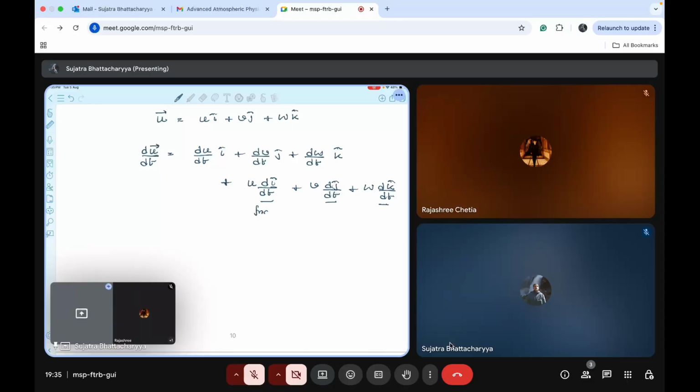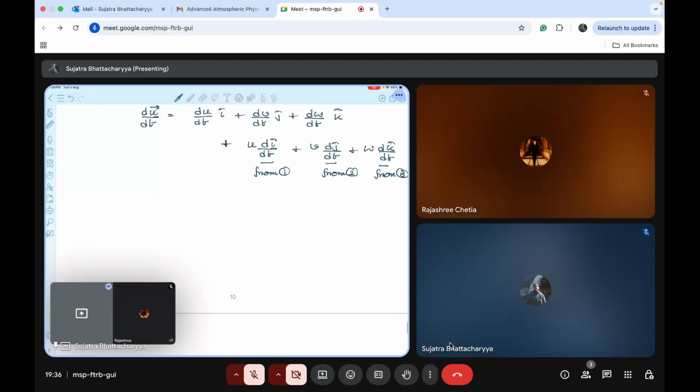So from 1, this is from 2, this is from 3. All right. So if we do that, let's write that. Okay. So Du dt vector will be equal to du dt, let us write all the terms, dv dt j hat plus dw dt k hat.